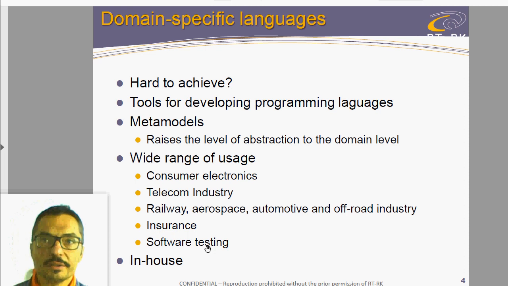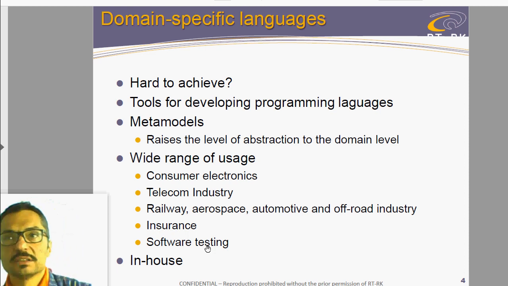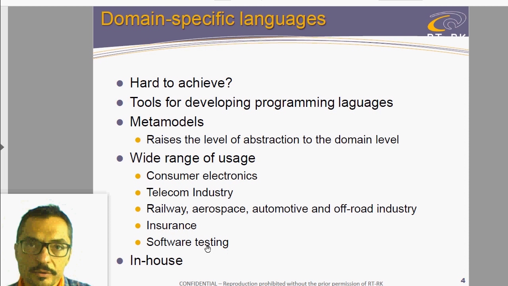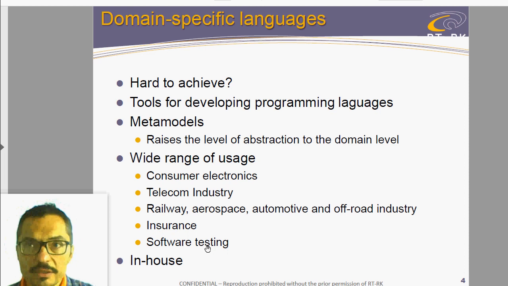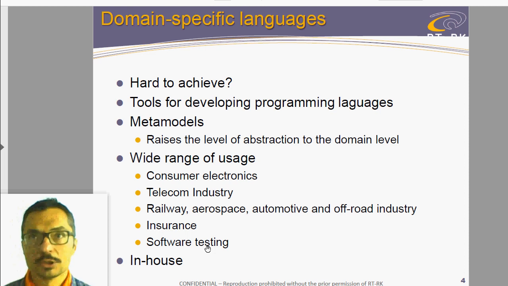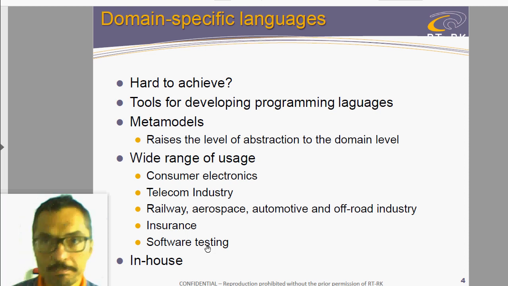Another is the concept of metamodels, where you are modeling your own system, and it's enough for you to have an expert of your system who can model it. With these models, you can raise the level of abstraction to the domain level. This way, the experts of the domain can talk in their language, and this language can be the domain-specific language.